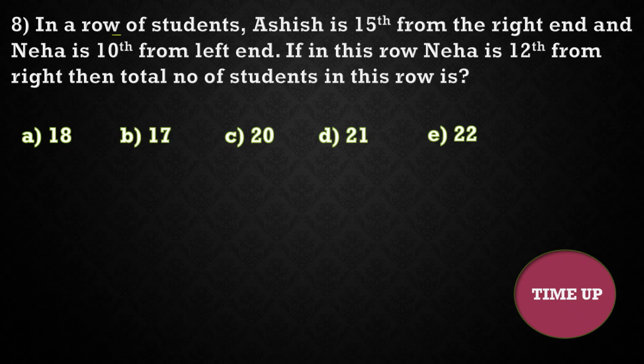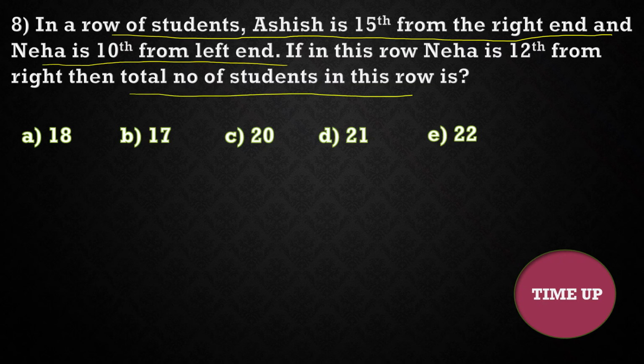In a row of students, Ashish is 15th from the right hand and Neha is 10th from the left hand. If in this row, Neha is 12th from the right, then find the total number of students in this row. So they have framed it in such a way to confuse you all.